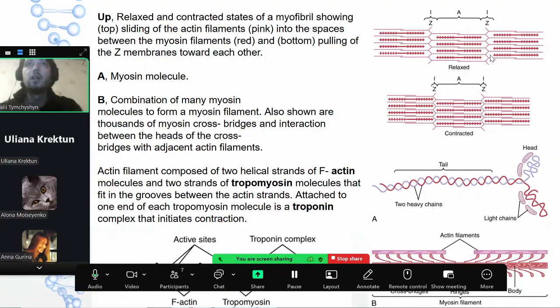Here you see the relaxed and contracted states. On the upper part you see the relaxed state, and here you see the contracted state. That should give you some intuition of how that works. They are sliding one past another, and that's why you have this contracted state and this relaxed state.